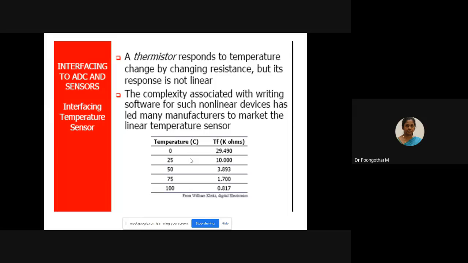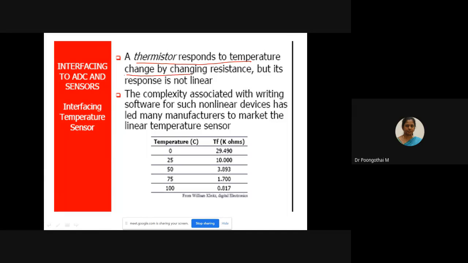For example, the thermistor: temperature is converted into an electrical signal. The thermistor responds to temperature change by changing resistance. Okay. So that is the main feature of your thermistor.